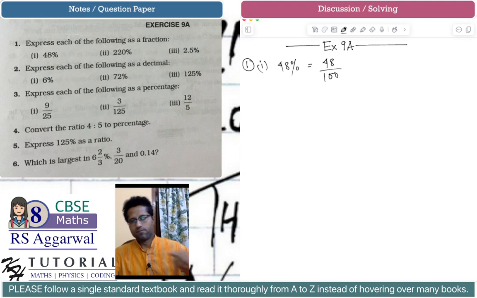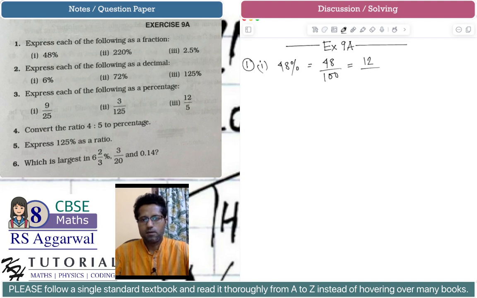Now you have to further reduce it to its simplest form if possible. We can see that we can reduce it further and it becomes 12 by 25. So this is the fraction of the 48 percentage.